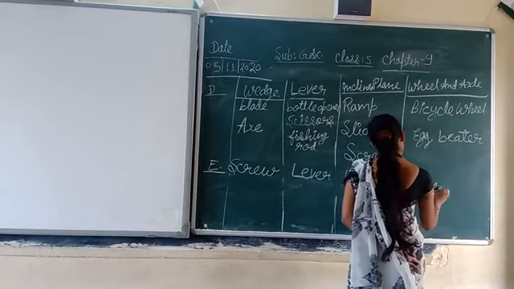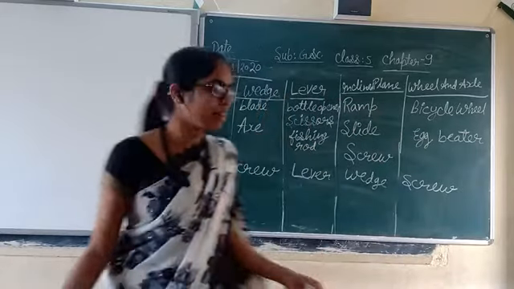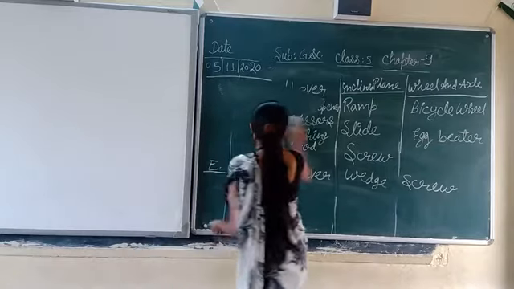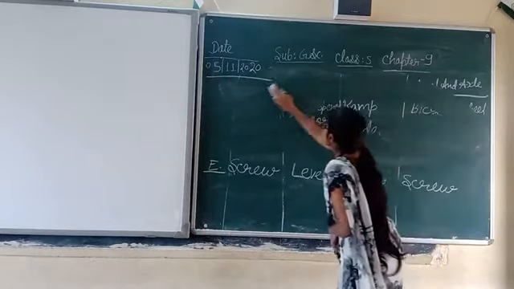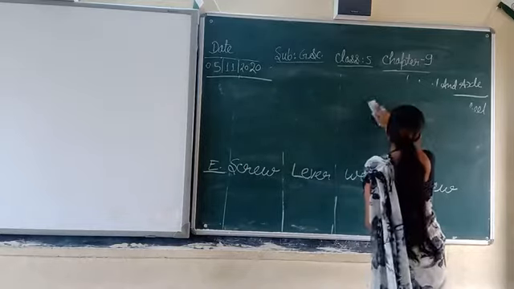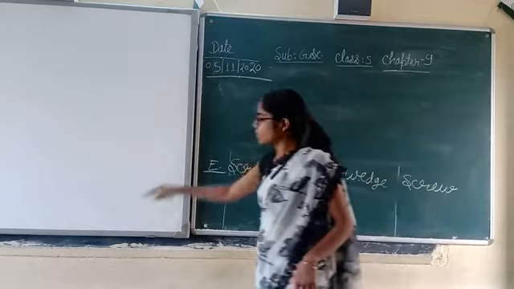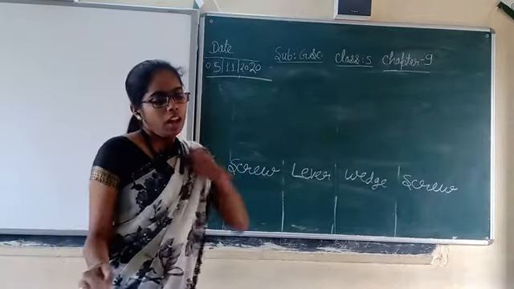These are the answers for the exercise E. Screw, lever, wedge and screw. This is the answer for the exercise E, which I gave you yesterday as homework. So all of you match it whether you have done correctly or not. If you have not done correctly, make it correct.